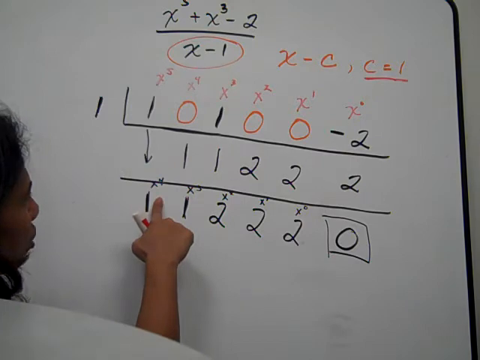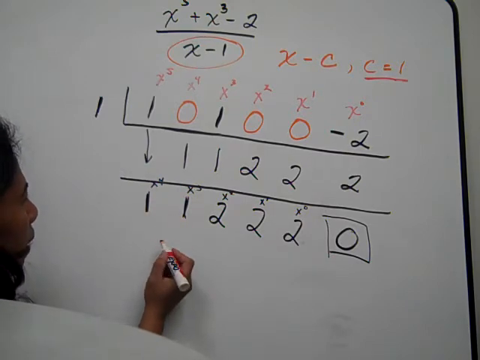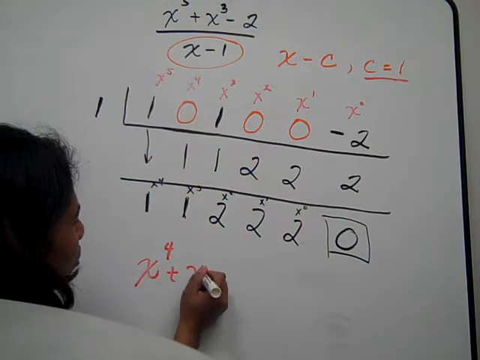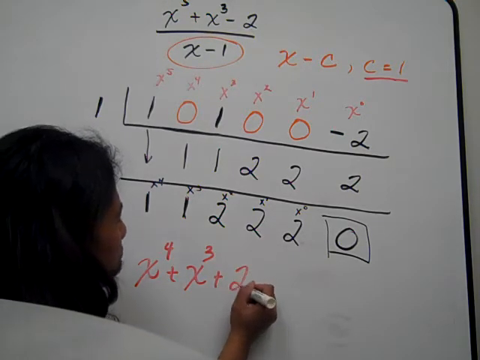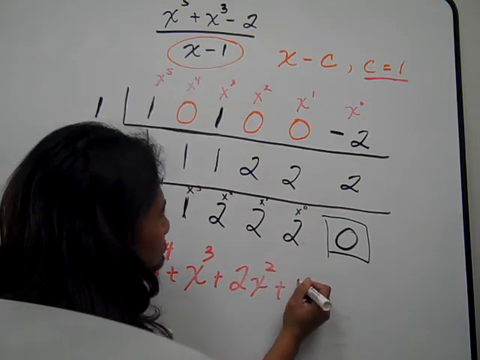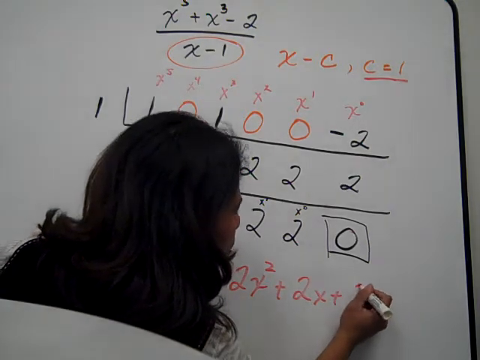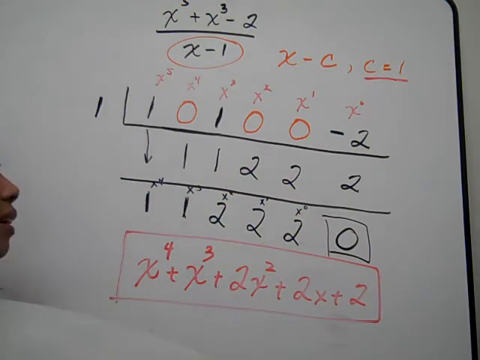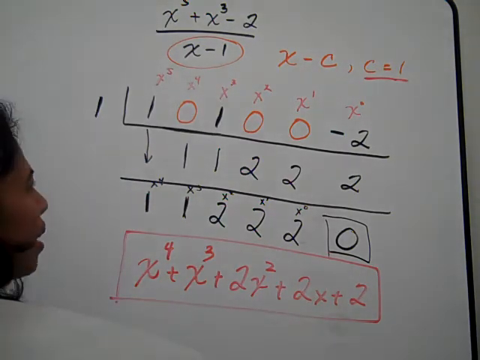How many x to the 4th do you have? Your quotient is 1 x to the 4th, plus x to the 3rd, plus 2x squared, plus 2x, plus 2. This is your quotient. Look how pretty that is compared to the long division we did.